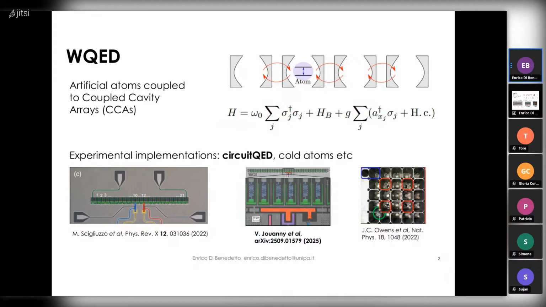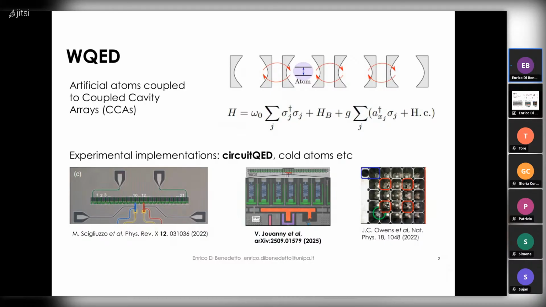The interaction that we will consider between the atom and the coupled cavity array is this one, a Jaynes-Cummings-like interaction in which each of the emitters can exchange an excitation with a single cavity located at a single spatial point, under the rotating wave approximation.